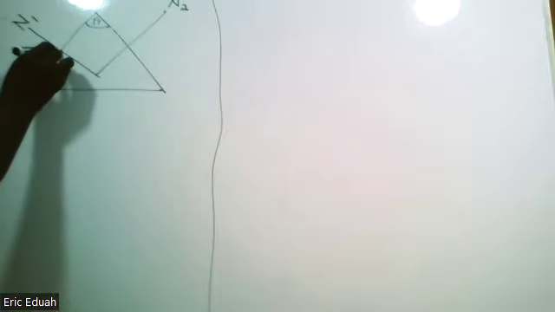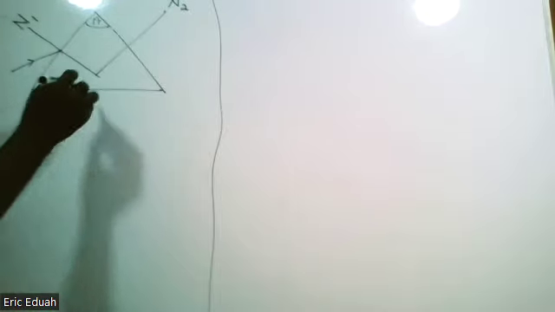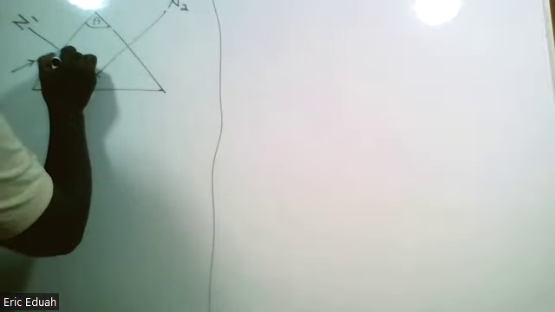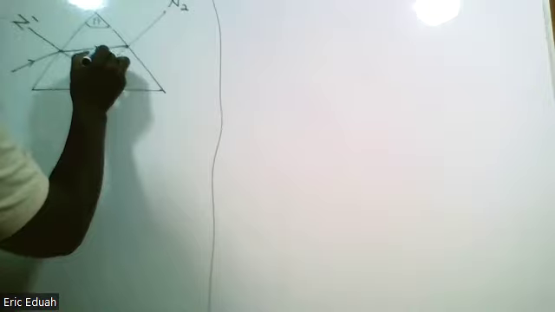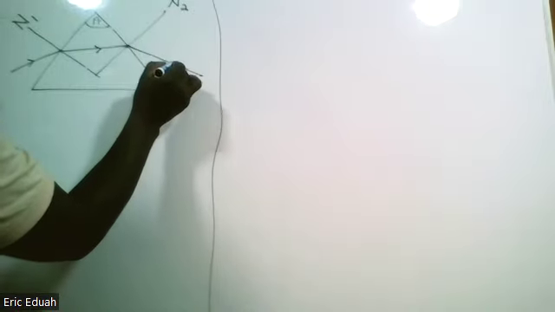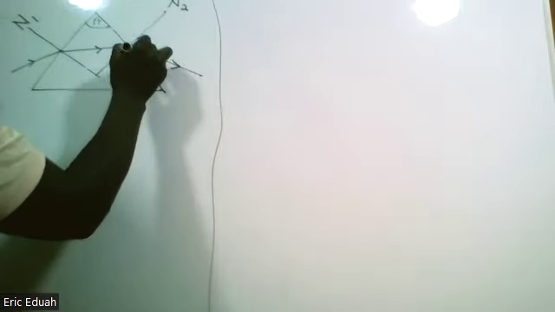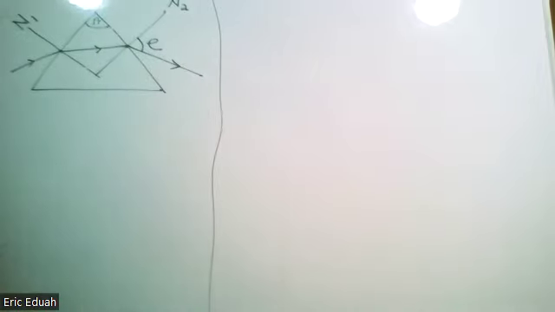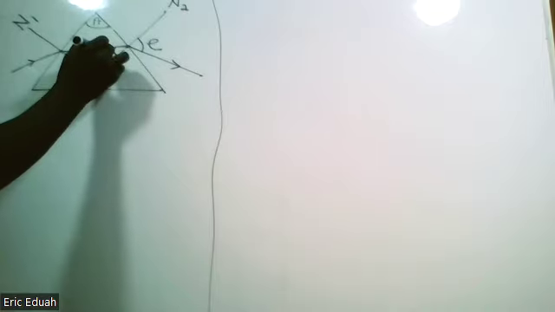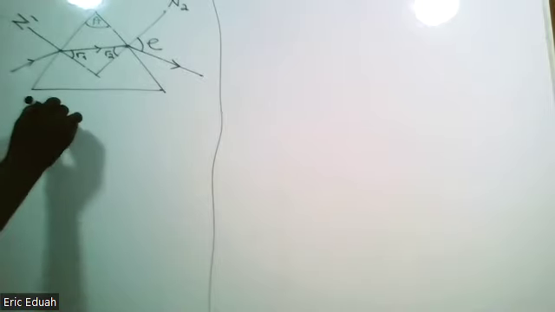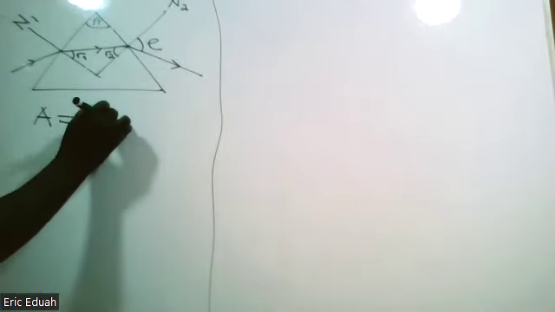So incident ray, it will deviate through this. This is the refracted ray, and then this is the emergent ray E. R1, R2. And so we derive that the angle of the prism A is equal to R1 plus R2.